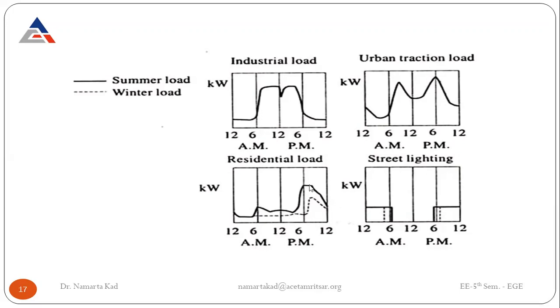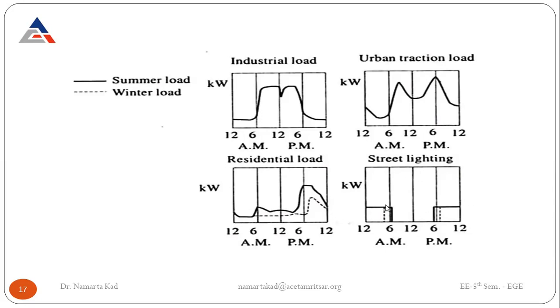So again the load increases, and around 10 to 11 p.m. it starts decreasing. And this dotted line shows the load related to the winter season, and this is about the residential load.